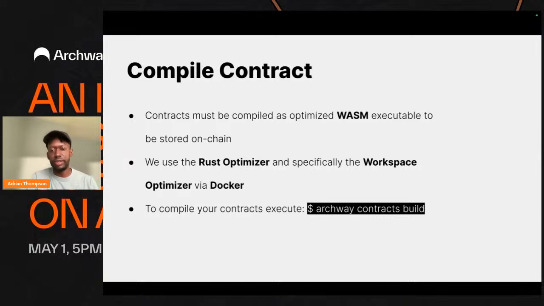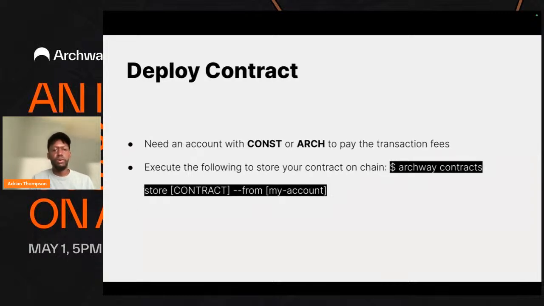If you want to compile a particular contract, you enter the contract name as well. For deploying a contract to our testnet, you definitely need to have the CONST token, which is for the Constantine testnet. And for mainnet, you need to have the ARCH token to pay the transaction fees. What you need to do is to execute the following command: archway contract store, the contract name, and the name of your account that you created, which would have the tokens.